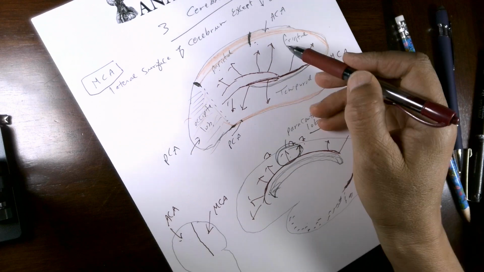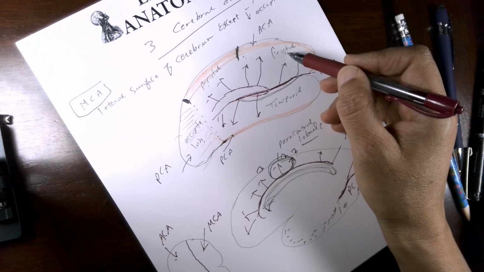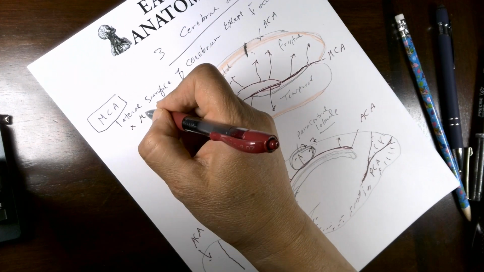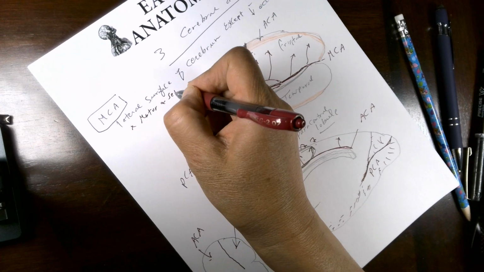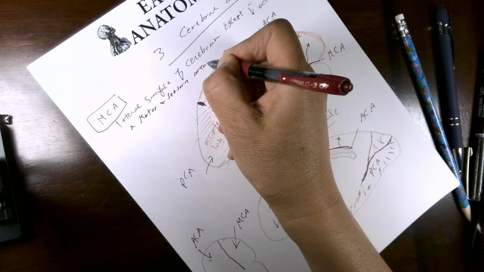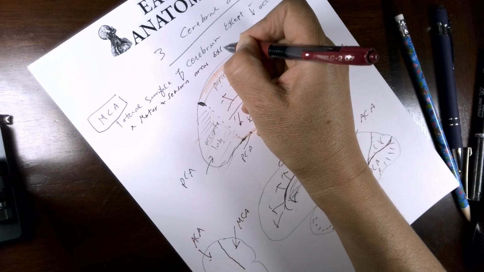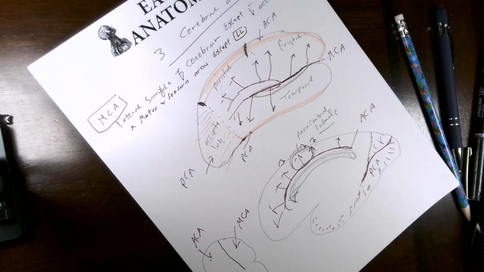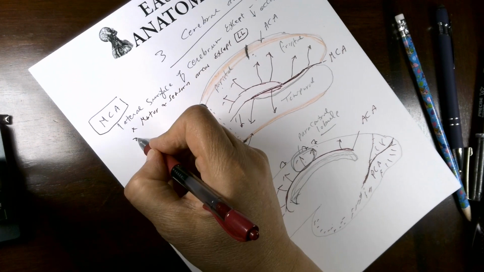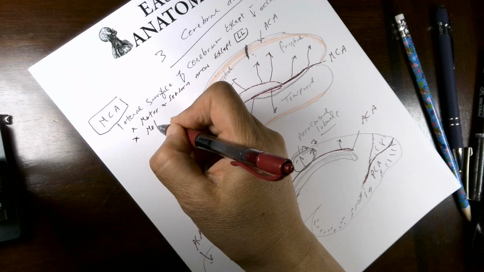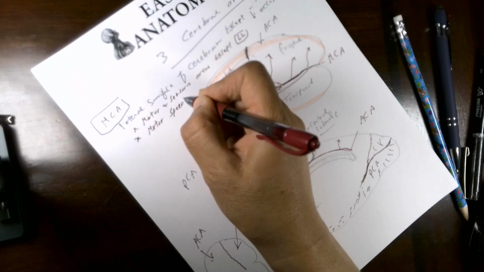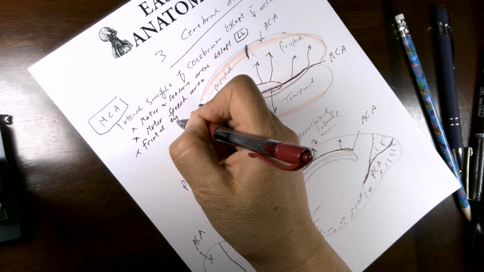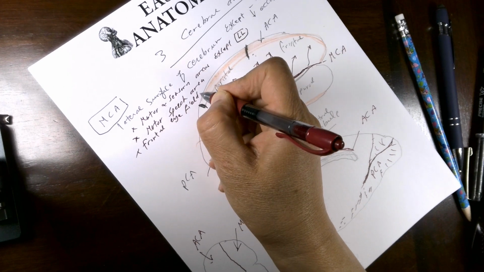So if you want to translate this, what is the middle cerebral artery supplying? Again the motor and sensory areas, except those for the lower extremity and the perineum. Second, the motor speech area and the frontal eye field area, correct?